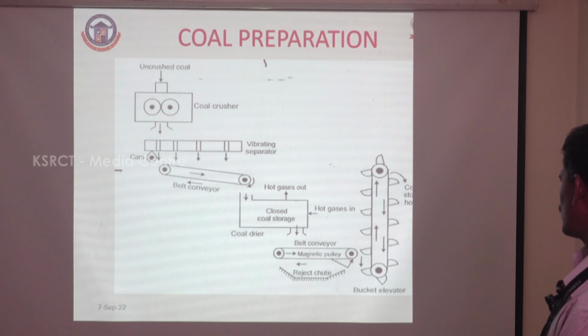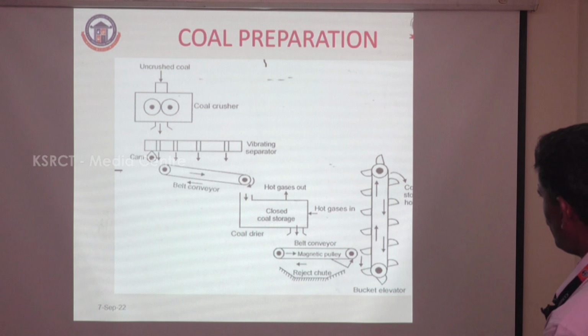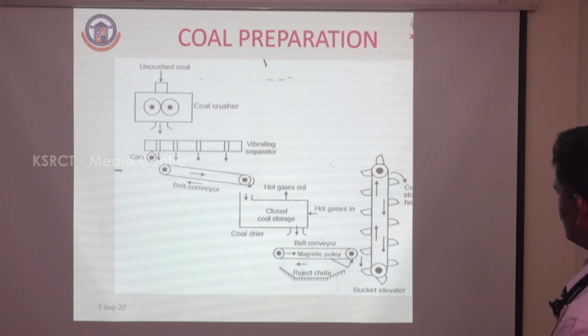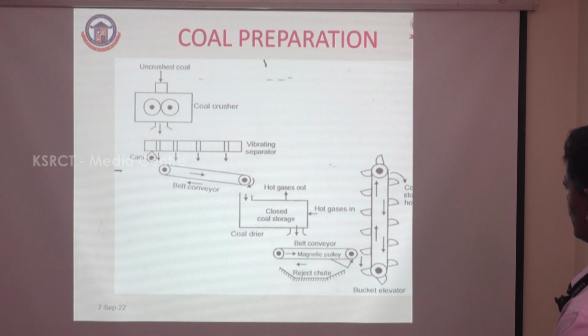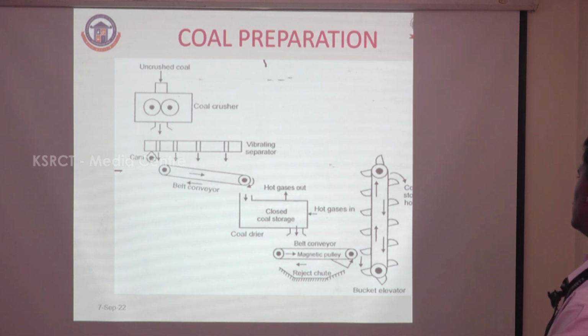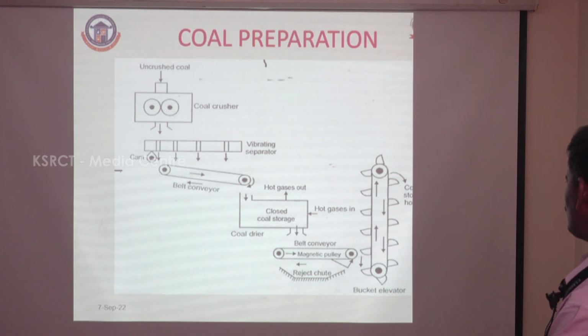The purpose of the closed coal storage yard is this: normally the moisture content of the coal will be very high, because in most seasons the rain comes and the coal suffers from rainfall. So the moisture content is very high. The wet coal is now sent into the coal dryer unit.